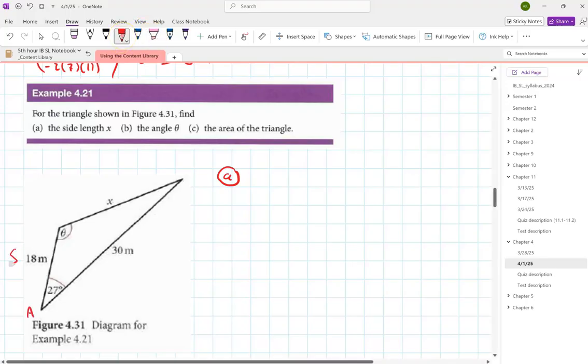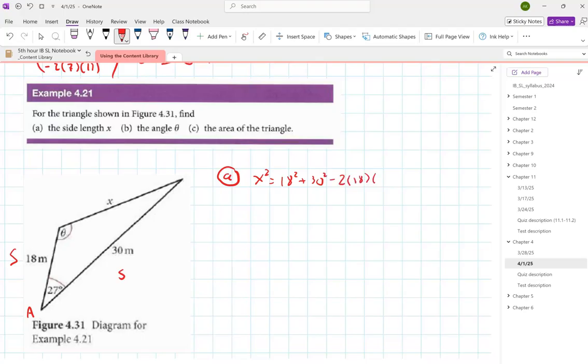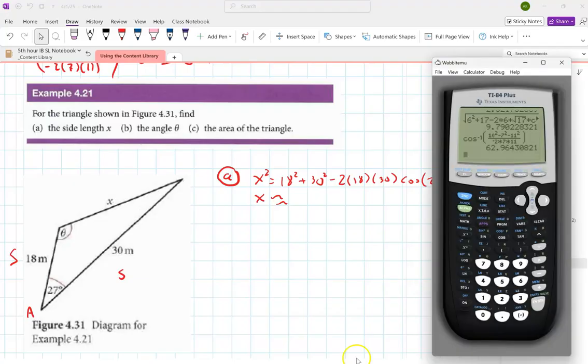It looks like I have a side angle side situation, right? So I should be using law of cosines. So into my calculator she goes.